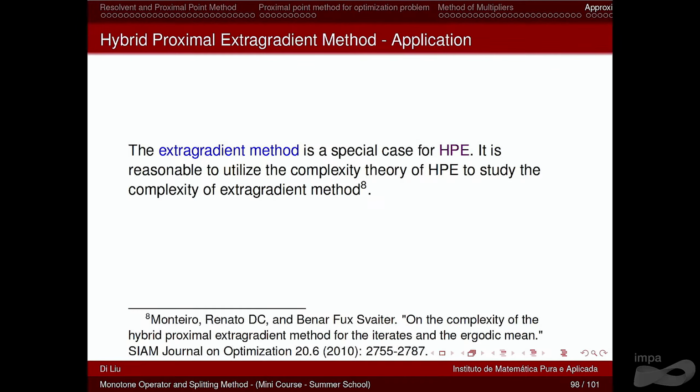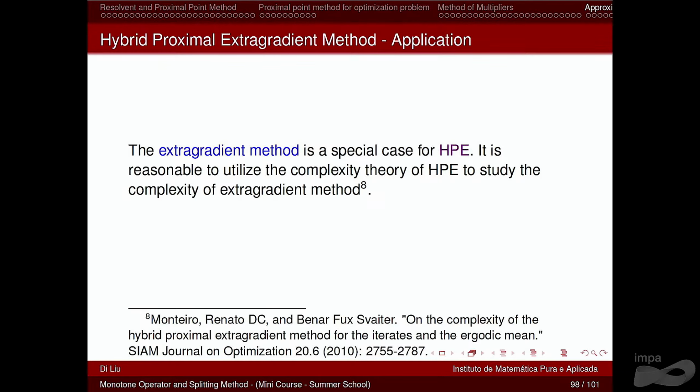The hybrid proximal extra gradient method, HPE, has a lot of applications. One of the applications is in a paper from 2010 by Monteiro and Svaiter. They proved first that the extra gradient method is a special case of HPE.